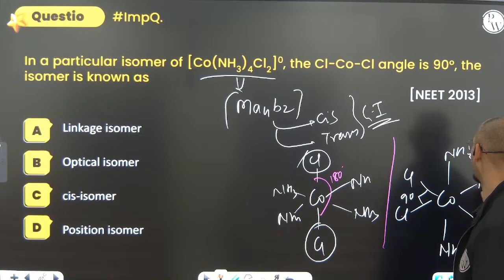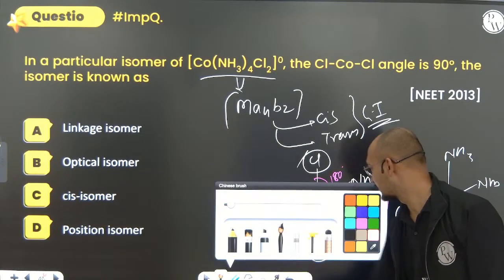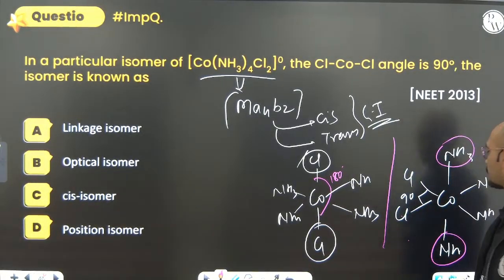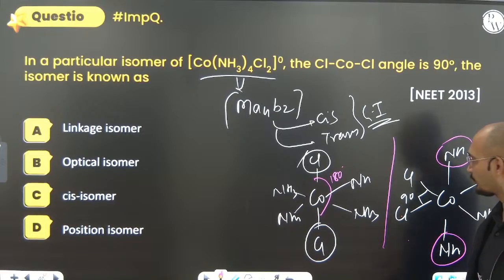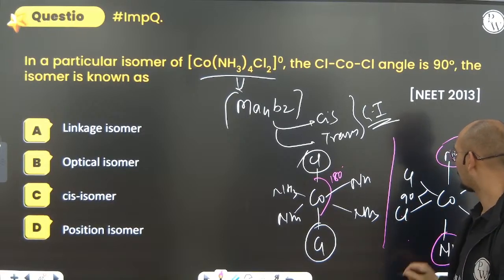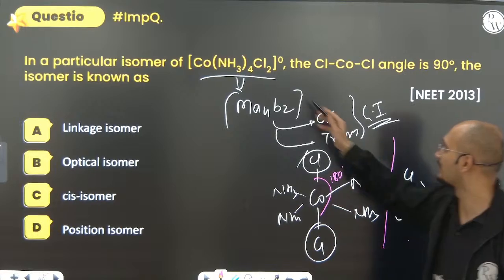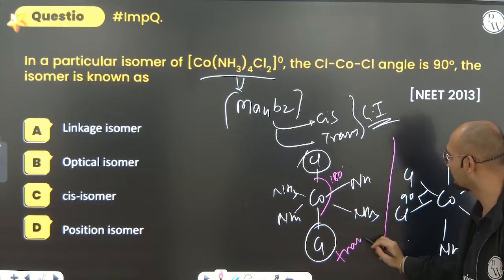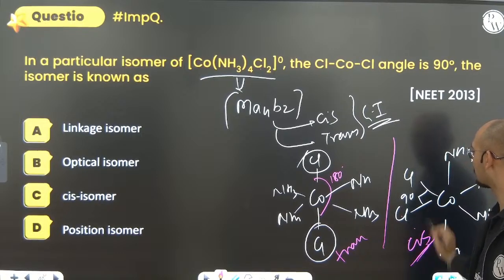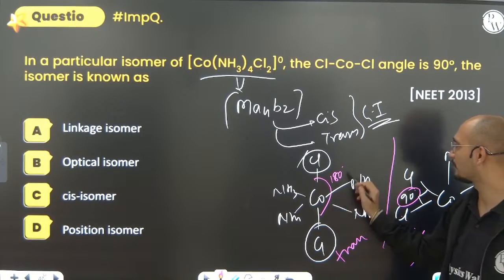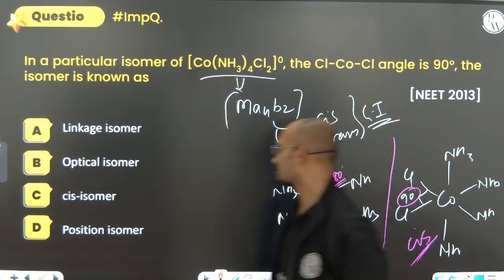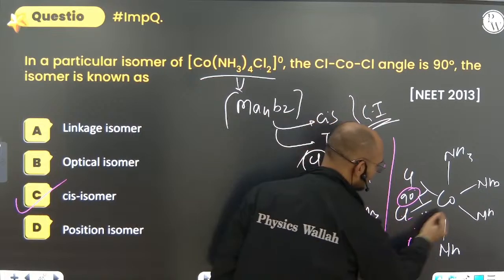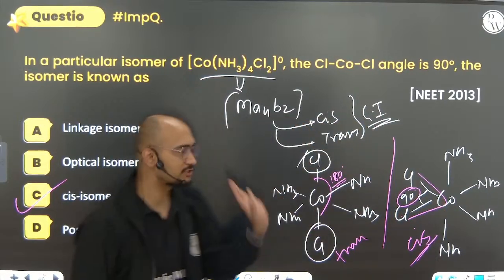This will be at the cis position. Only the opposite positions are called trans position, while these are called cis position. The least number is chlorine, so either chlorine can be trans or cis. Cis is when the angle is 90 degrees, trans is when the angle is 180 degrees. Here we are talking about the Cl, Co, Cl bond, which is 90 degrees. Can you see?